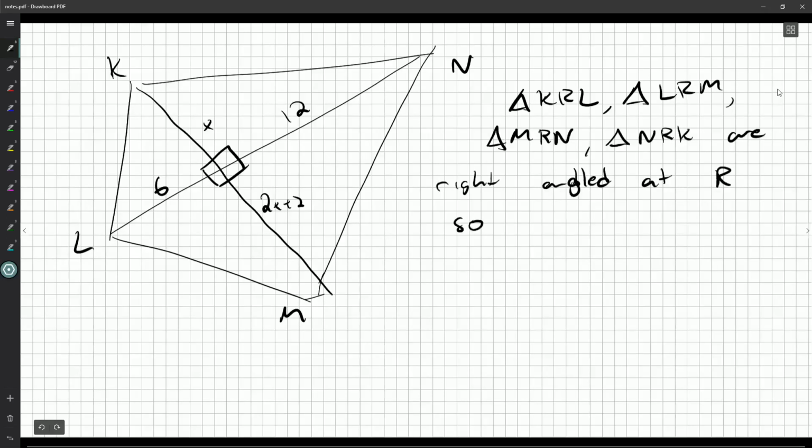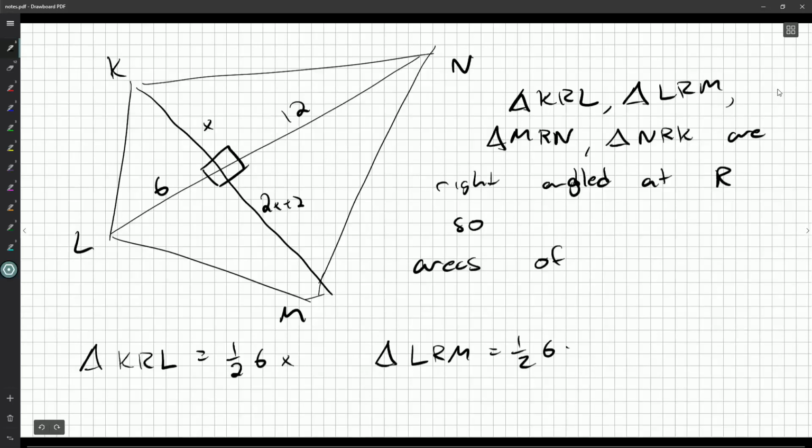Well, the areas of KRL should be 1/2 base of 6 height of x. The area of LRM should be 1/2 base of 6 height of 2x plus 2. MRN, 1/2 base of 12 height of 2x plus 2.